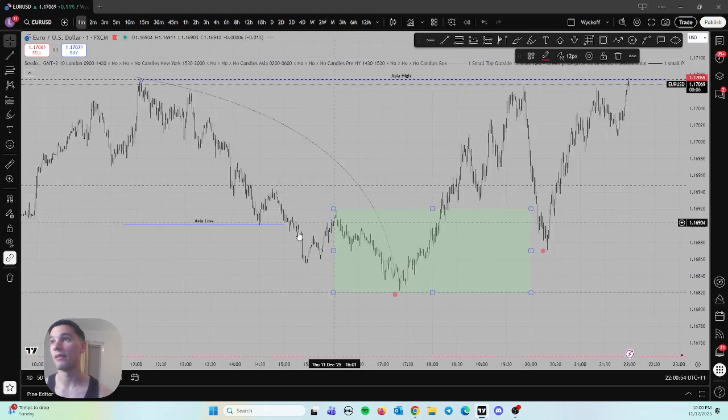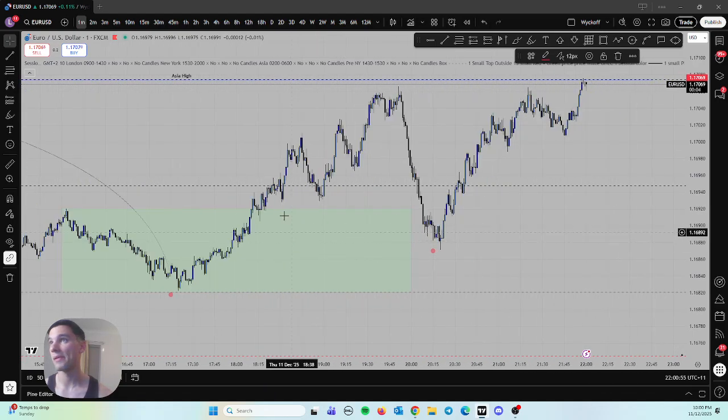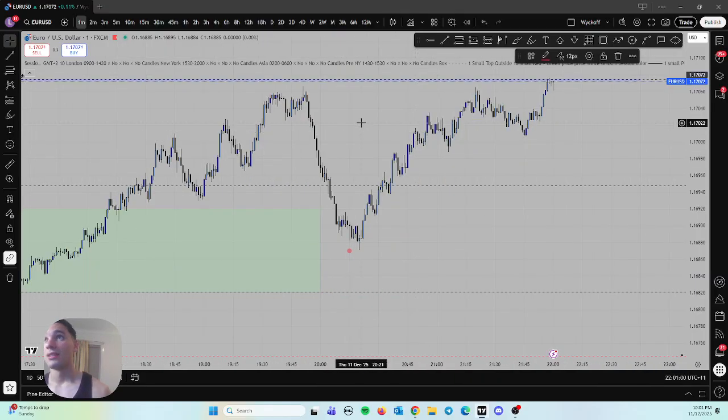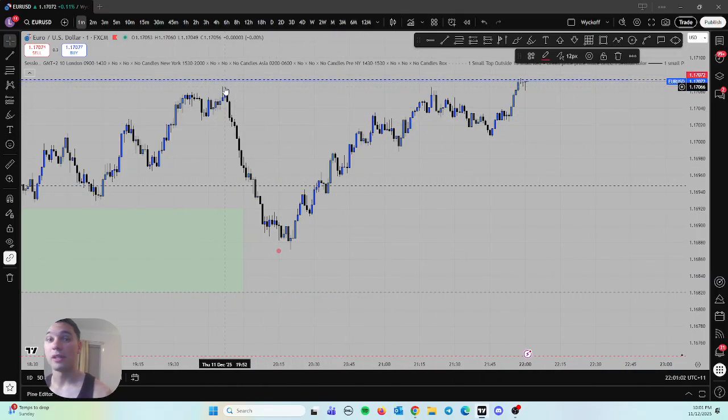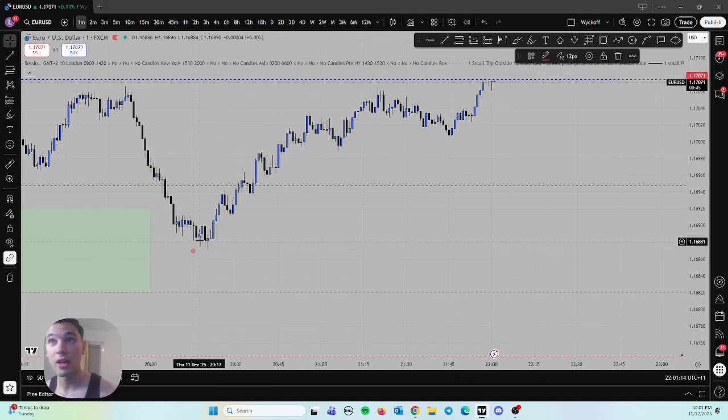So very valid market structure around here. Still valid structure, but then from this point right here to here, there is no structure on the 1 minute, which is actually crazy. You have two candles, but this isn't a valid market structure bull because we have one consecutive bearish candle.